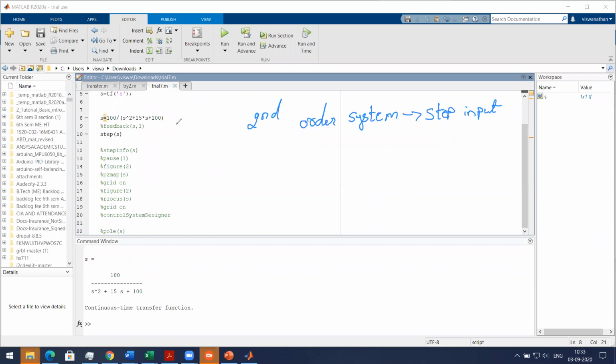So a second order system can be written as Y(s)/R(s), that is output by input, is equal to omega n square divided by s square plus 2 zeta omega n s plus omega n square.